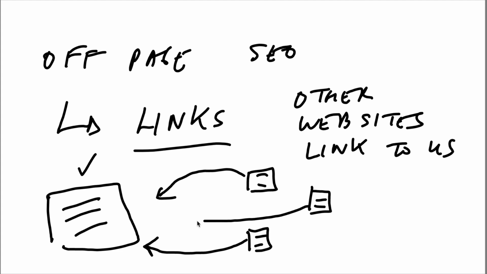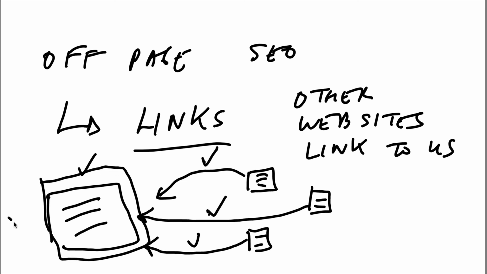And when Google sees this, it sees these links as votes of confidence. Gee, this website all about the stock market has all these other websites linking to it, giving it votes of confidence. It must be a really good, reputable website. Therefore, when someone searches for the information on this website, I'm going to put it on the first page of Google. That's exactly how SEO works.